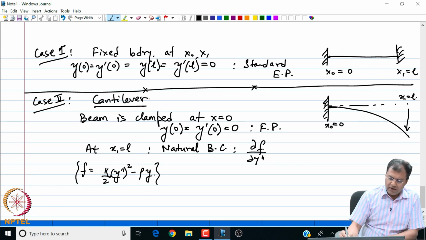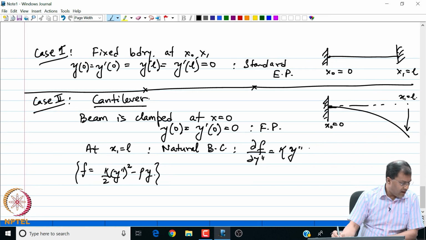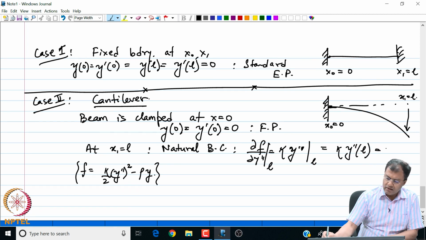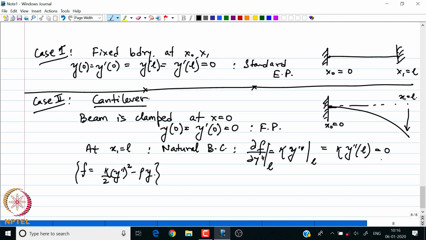So, partial f partial y double prime is equal to kappa times y double prime evaluated at, this is the condition only imposed at x equal to L. So, I get that kappa of y double prime of L is equal to 0. So, there is no reaction moment there.